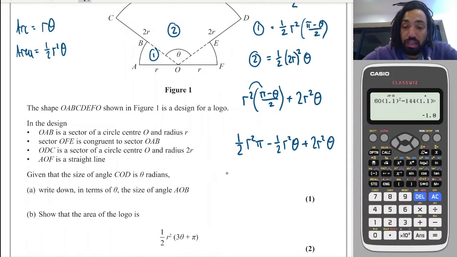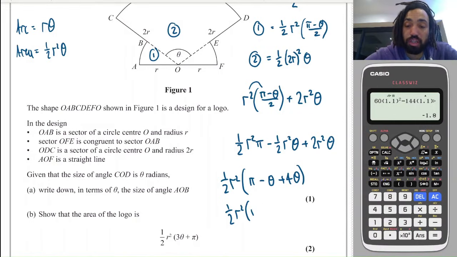Okay, we can take out a half r squared, which will leave me with pi minus theta, and if I take out a half from 2, I'm left with 4 theta. So that does give me the half r squared pi plus 3 theta, or let's write it the way they want it, so 3 theta plus pi.